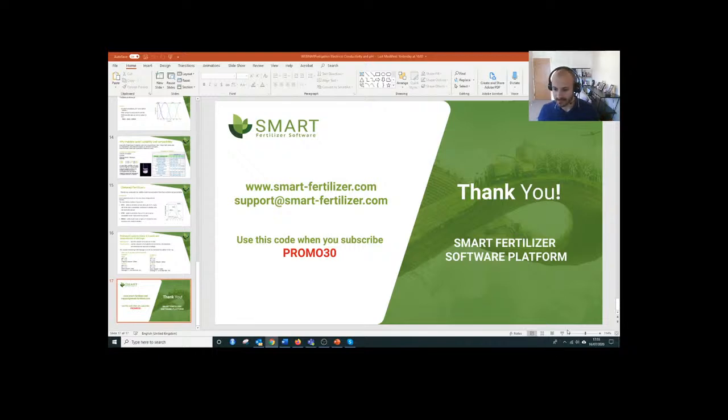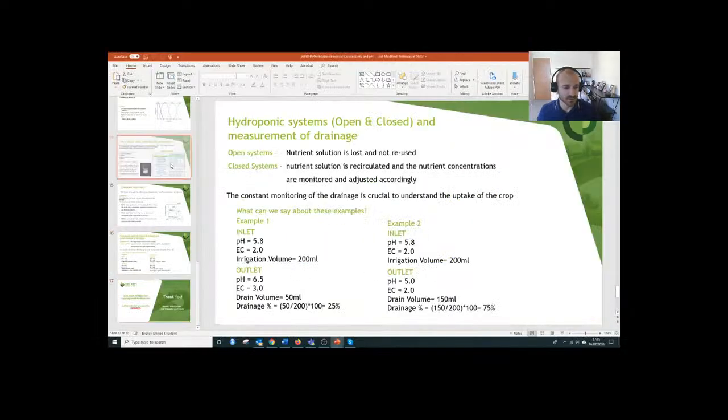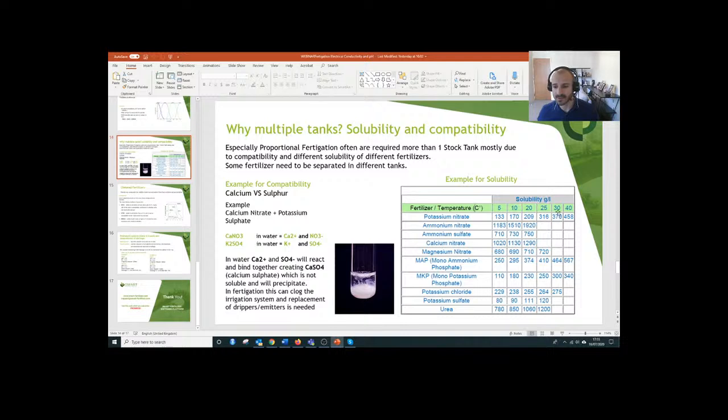I'll show you here because maybe it's a bit clearer. So this table, as you can see here, someone is asking why in fertigation we need to feel temperature, and temperature of what? Of water? I mean, of course, could be also water, but it's better in the water because the solubility is affected by the temperature.